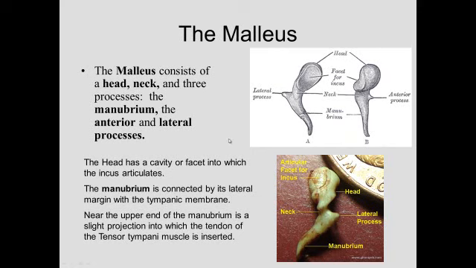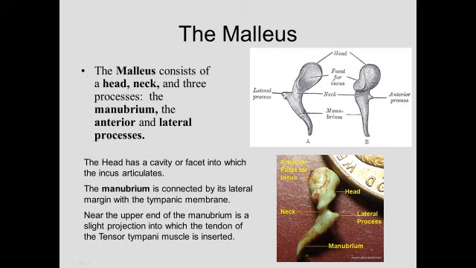The umbo, the connection point, would be down here at the end of the long process, or the so-called manubrium. And we also have a place where the tensor tympani muscle, which is another muscle for the acoustic reflex, is going to attach, and that's right here, this so-called anterior process.